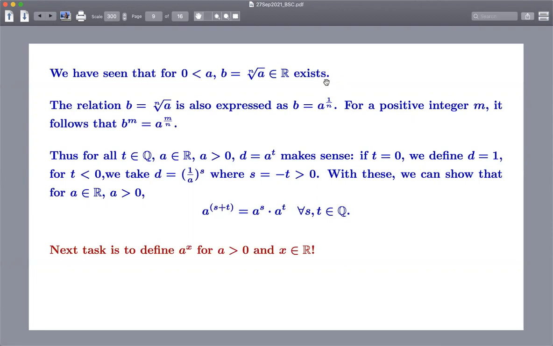So using the nth root of a as an anchor, writing it also as a power 1 by n, we start having a meaning of a power m by n. You take a power 1 over n and then raise it to the power m, and you call that a power m by n.